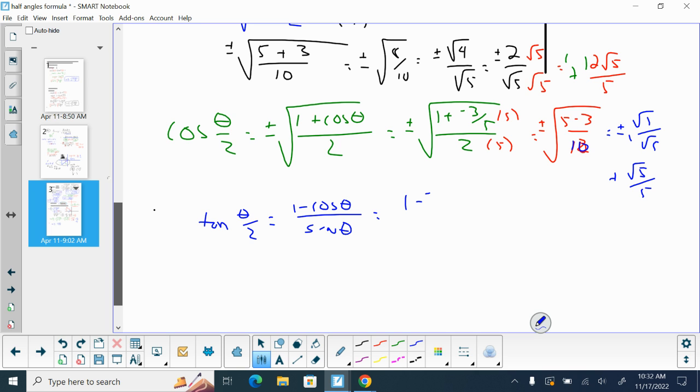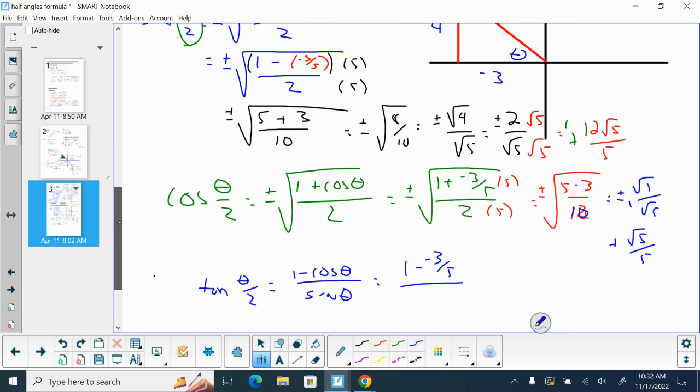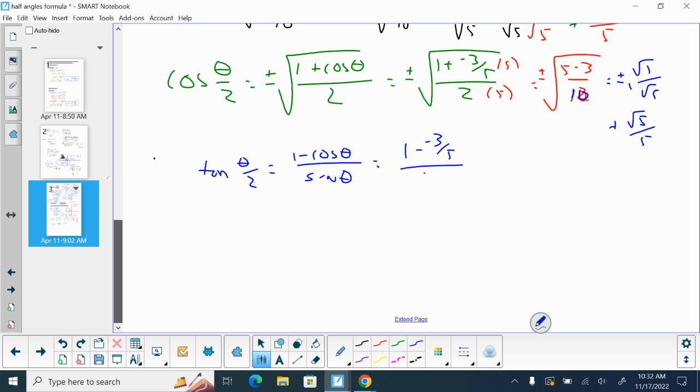So we have 1 minus a negative 3 over 5 divided by, now I have to take a look at my triangle. The sine of theta is 4/5. Once again, you can multiply by 5, or if you want to quantify and divide in your calculator, make sure you quantify both top and bottom.